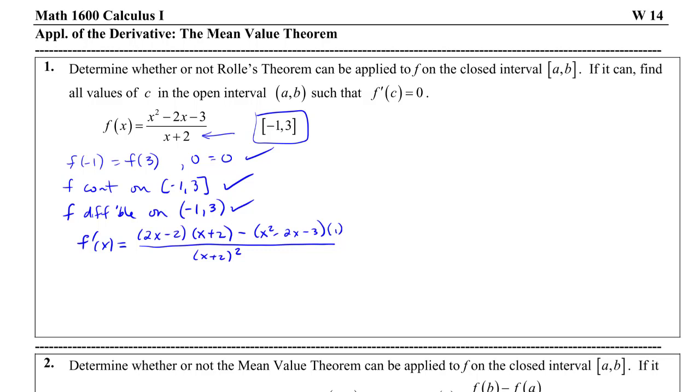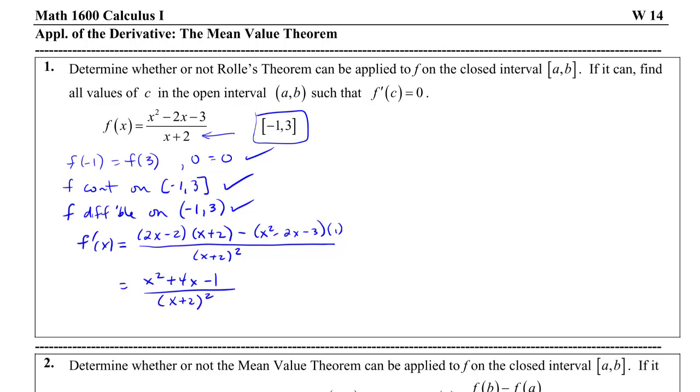Okay, so I'm going to skip a few steps here, but if you multiply all that out, you should get x squared plus 4x minus 1 on top, and you should get still (x plus 2) squared in the denominator.